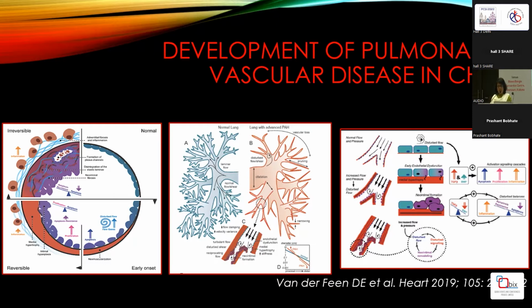There is an interplay between the flow dynamics in the pulmonary vasculature and the histopathological changes. And it is the flow disturbance initially that initiates this entire cascade of events that eventually leads to loss of peripheral vasculature and dilatation of the proximal pulmonary arteries.